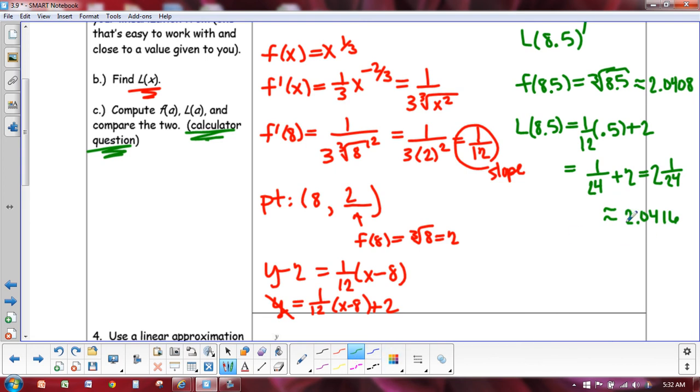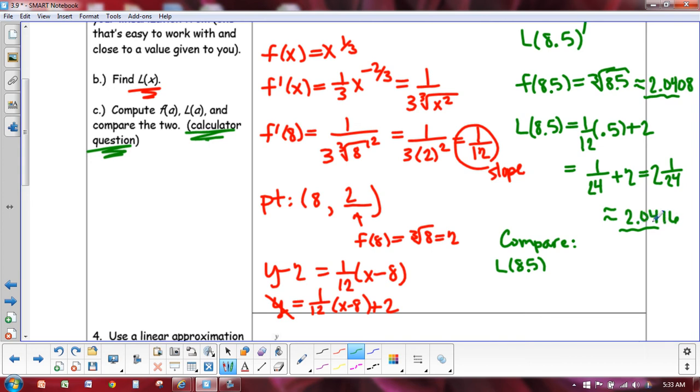The L has 0.0016 that would be left, and the f has 0.0008. So L of 8.5 overestimates f of 8.5 by approximately 0.001.